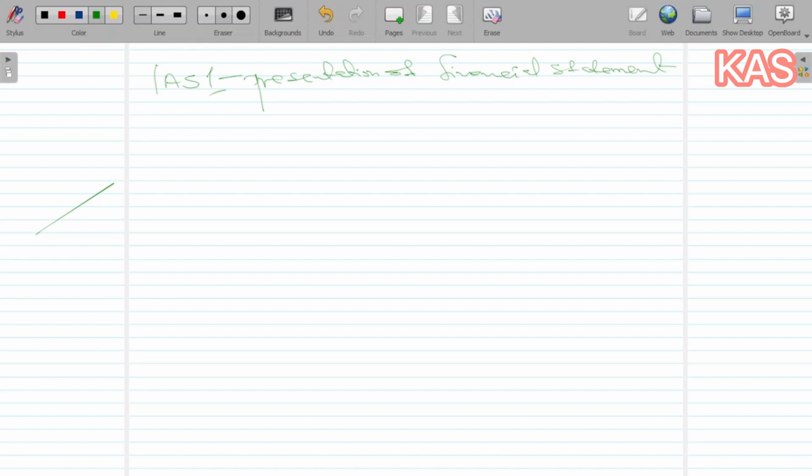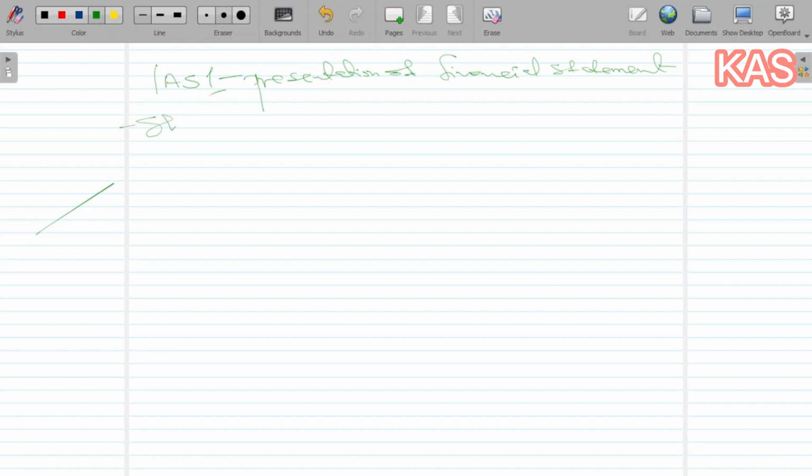So what this means is that IAS 1 describes how you prepare your financial statements and how you present them for general purpose, that is, for publication. For each financial statement, we have users who make decisions with it. Let's look at who the users of this financial statement are.